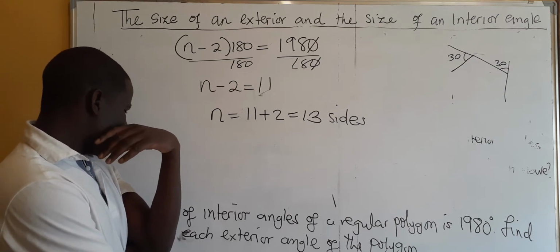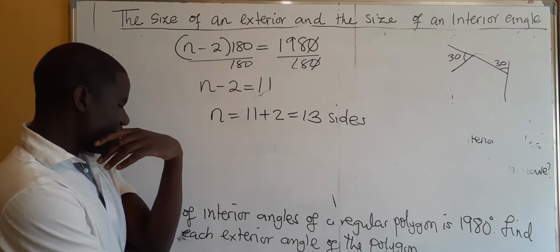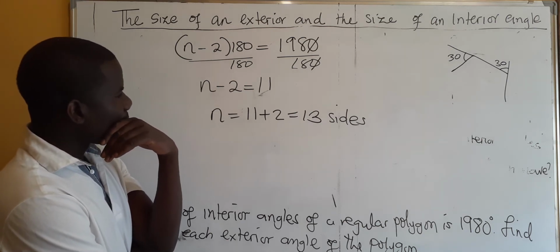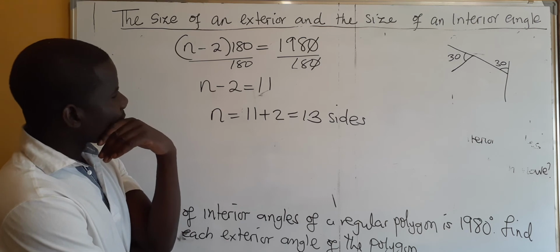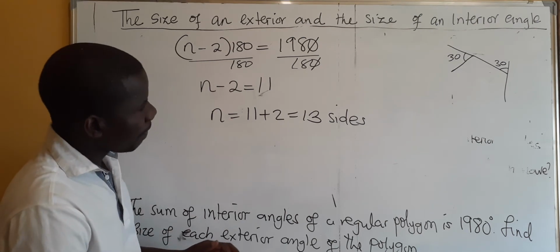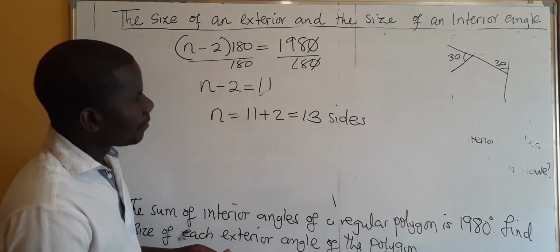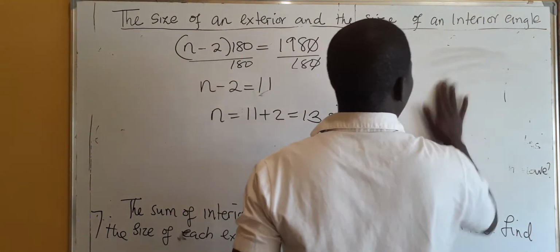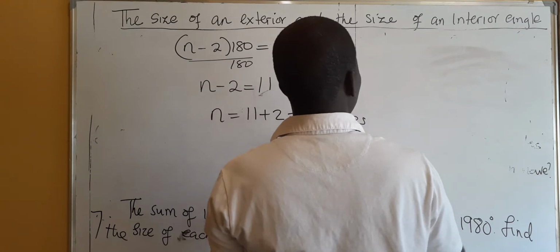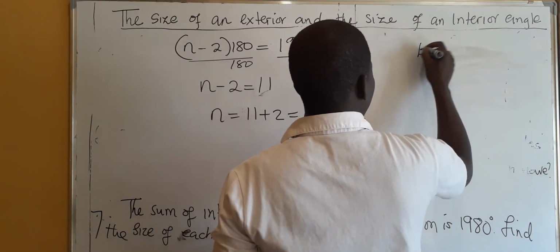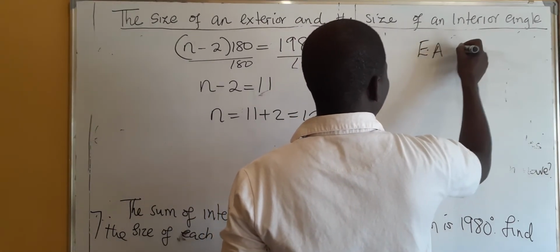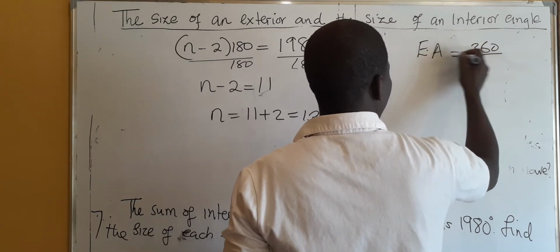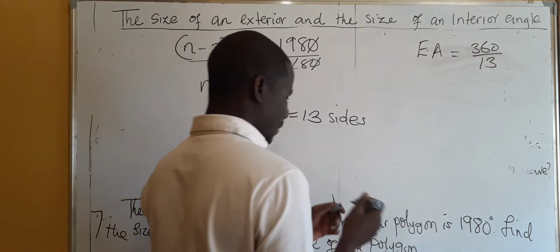Then now we want to find the size of each exterior angle. To find the size of each exterior angle, we use the formula: exterior angle, you know that we say 360 divided by n, which is 13, the number of sides.